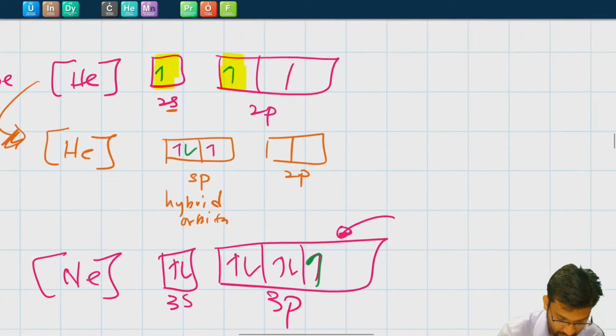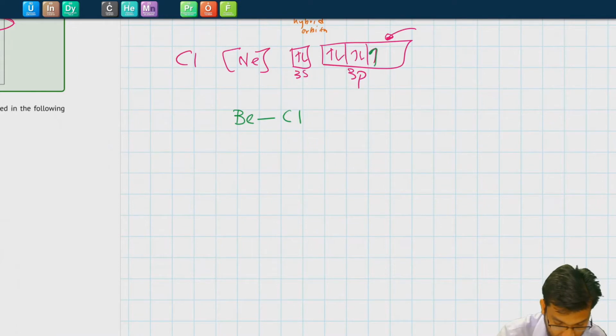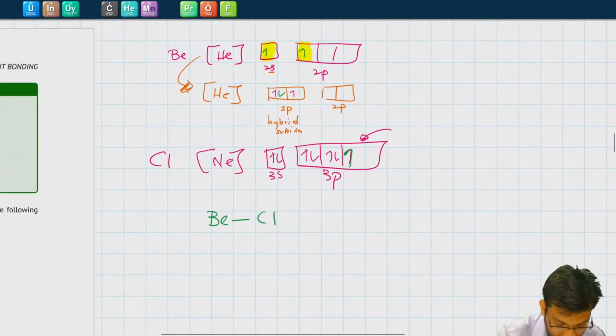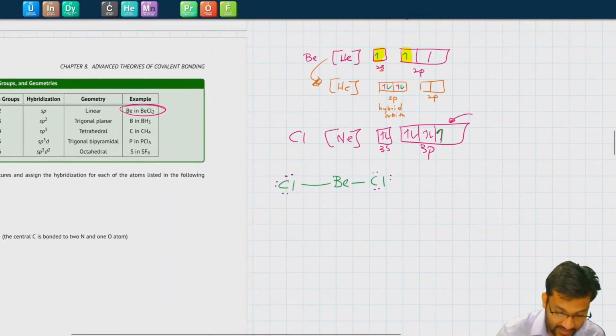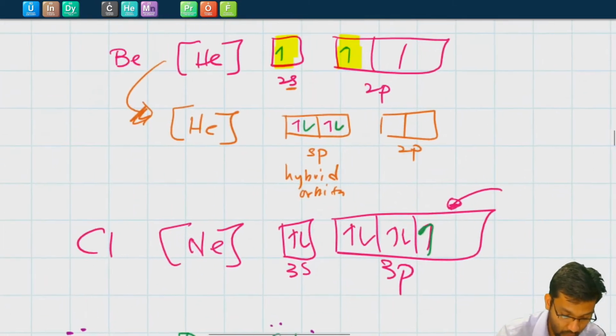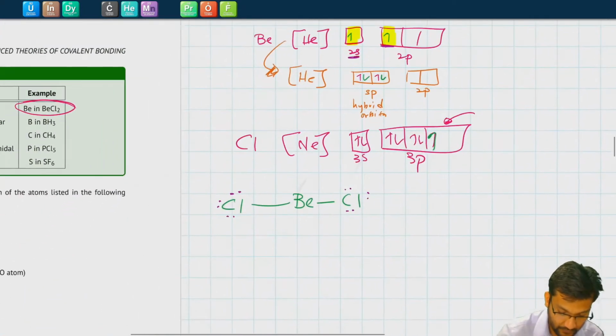And so this is how beryllium could form a bond with one of the chlorines, and then the second chlorine, the same thing with the other one, and so that's how it forms the bond with the second chlorine atom. And then never forget your lone pair electrons in your Lewis structures. So that's the case of beryllium. It teams up one s orbital and one p orbital to form an sp orbital that's available for bonding.